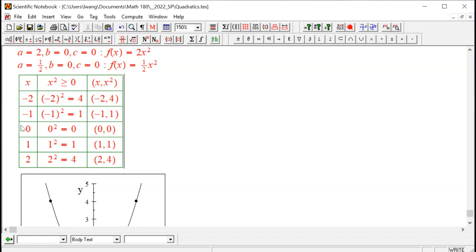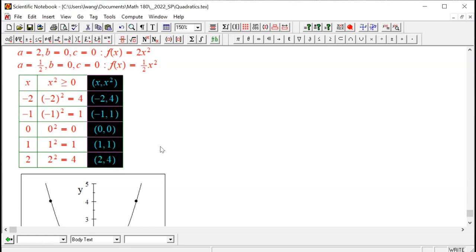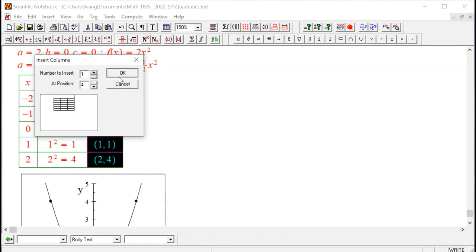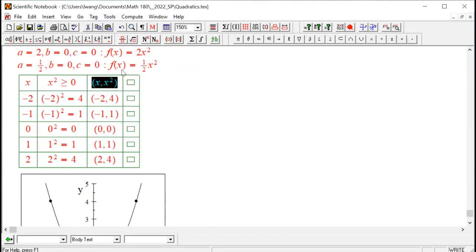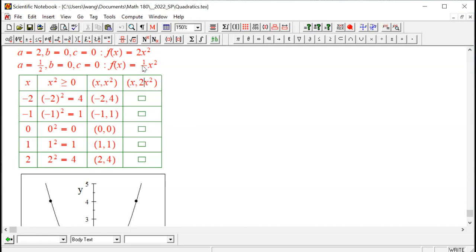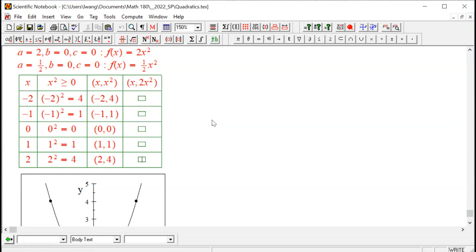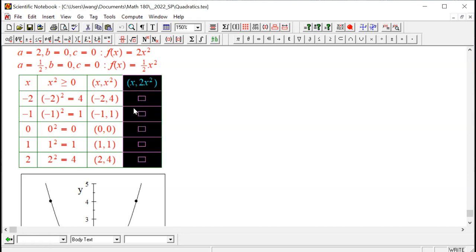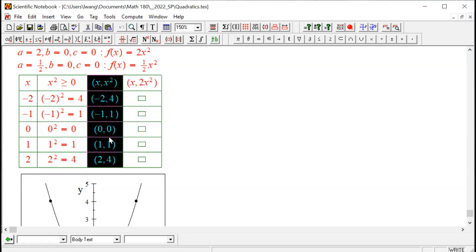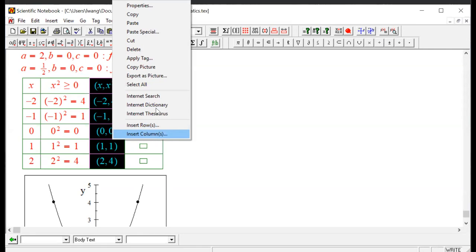For the same input, what would be 2 times x squared? That's 2x squared, right? So I'm going to insert another column here to do the 2x squared.